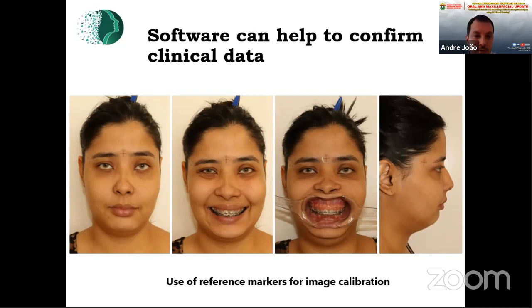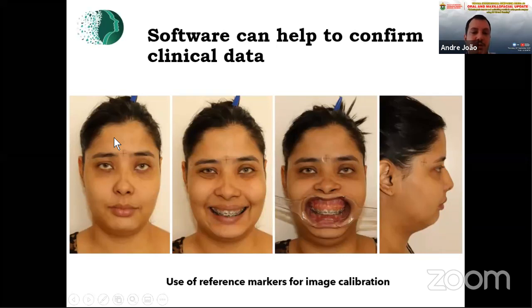You can see here, I use this mark on the face of this patient. With this one, I can calibrate the image, so I can have a proper measure. You can put 2 marks on the forehead.